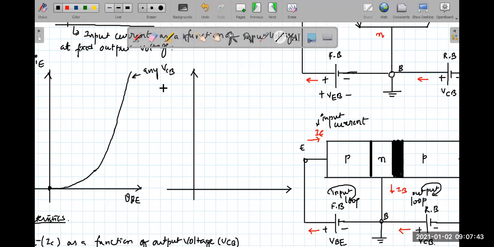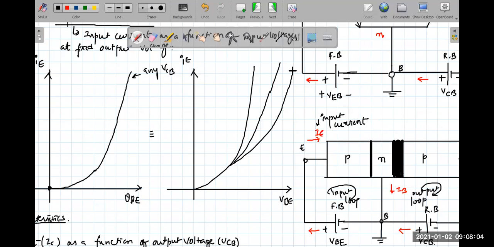In reality, how is this varying? Let's say this is IE, this is VBE in volts. I'm hoping that there will be three different graphs from here. Let's say this is VCB equal to 10 volts.